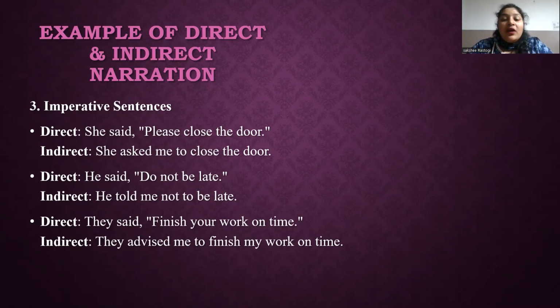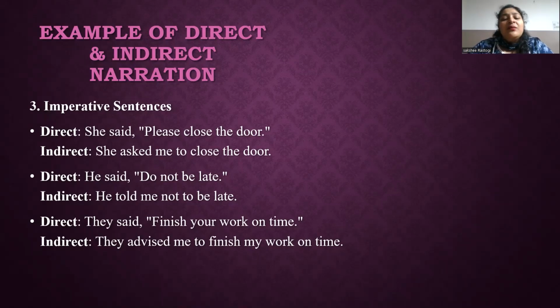"Keep up the good work," he encouraged. So he encourages. Indirect narrations: She told him to go to his room. This is a command. He asked her to pass the salt. It's a request. The teacher instructed them to follow the instructions carefully, which is instructions. She advised him not to forget to call her, which is advice. He encouraged her to keep up the good work, encouragement.